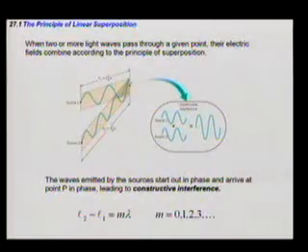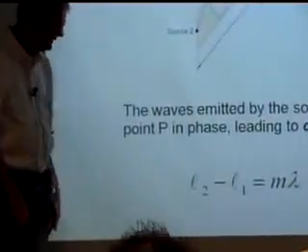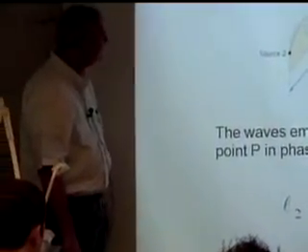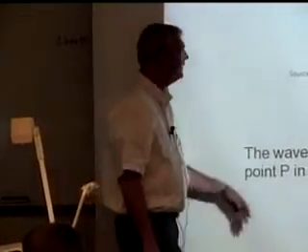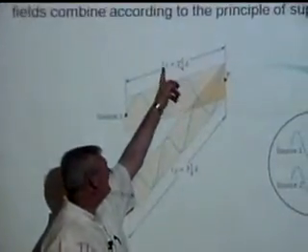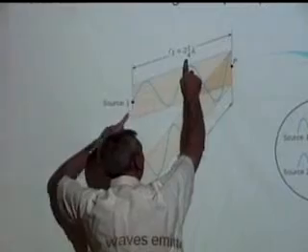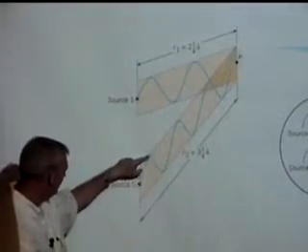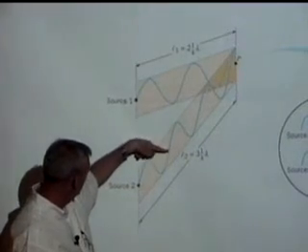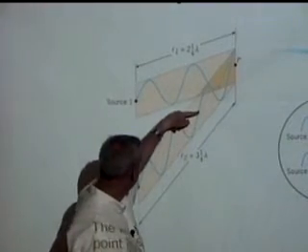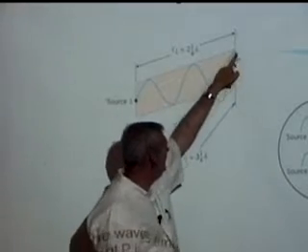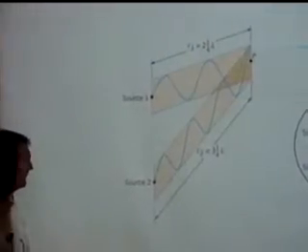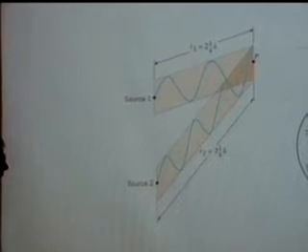And so the path difference is equal to m times lambda. Say this length here is actually 2 1/4 lambdas, and this one is 3 1/4 lambdas.